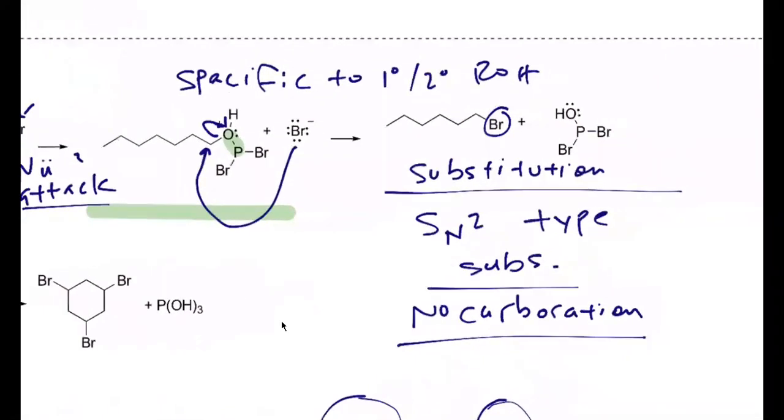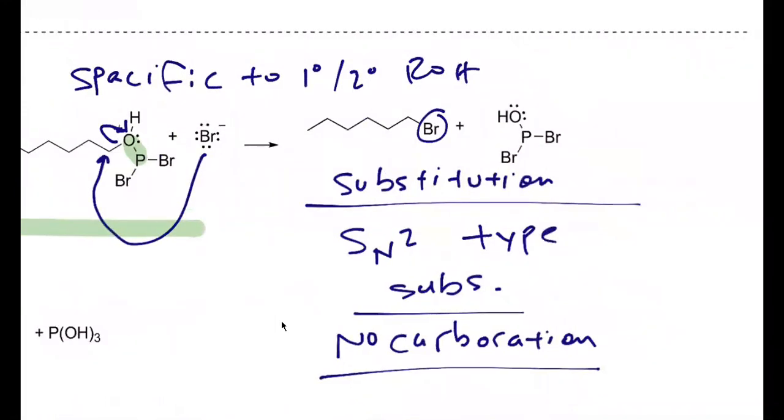So look at what's left over. You see this phosphine here that's left over? Why do you think that the ratio of alcohols to phosphorus is 3-to-1? So I used one alcohol, and now this is what I'm left with.